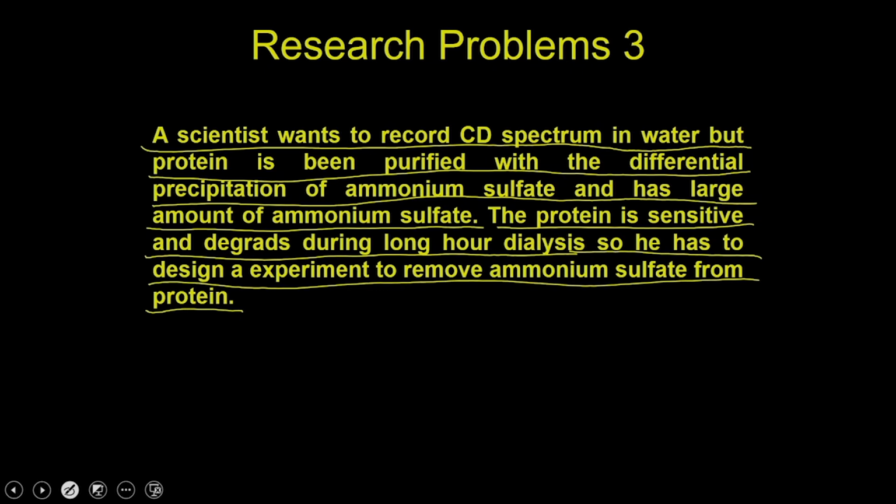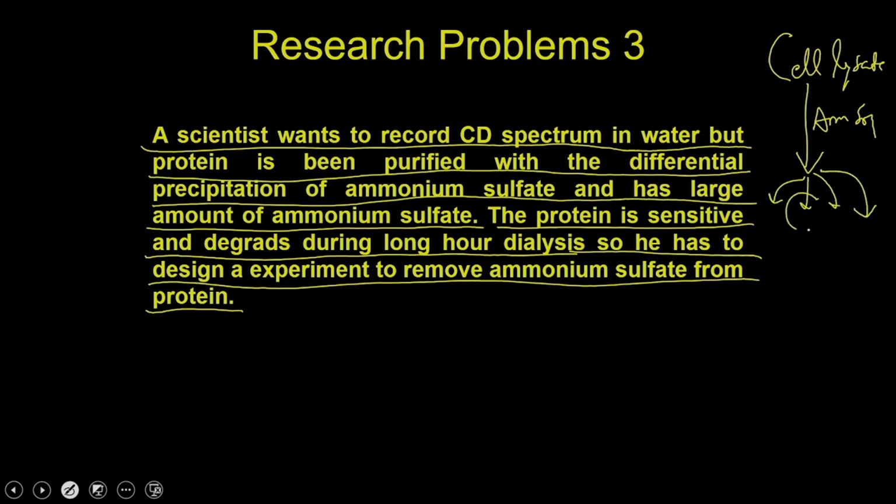So, what it means is that you have a cell lysate. This cell lysate has been incubated with ammonium sulphate. What happens is that it gives multiple peaks, and out of these multiple peaks, one of the peaks was containing the protein of your interest.